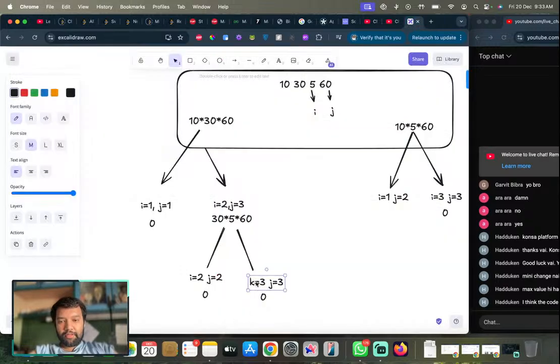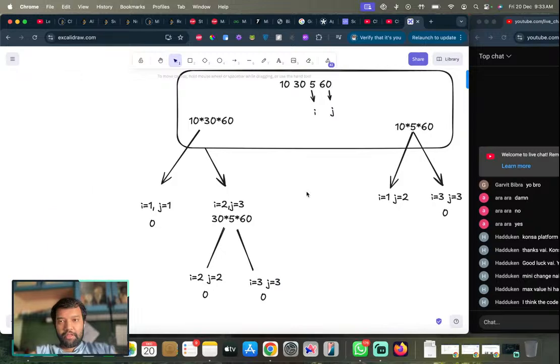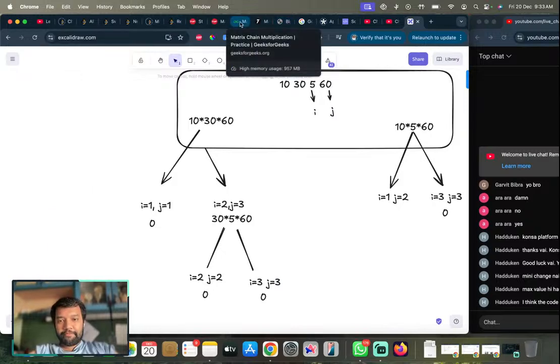I is equals to k plus 1, and k is here at 2, so 3, and j is equals to j for the second.